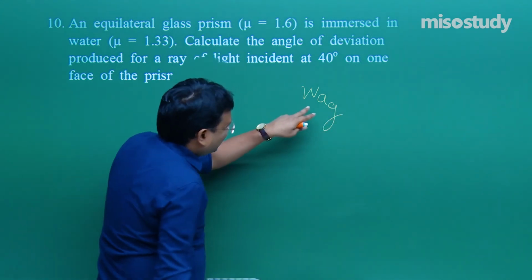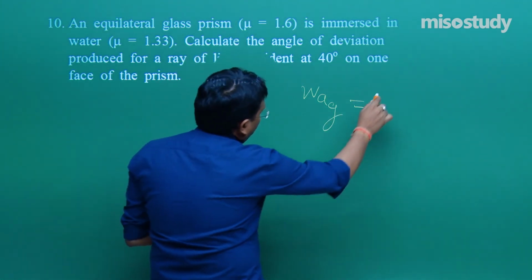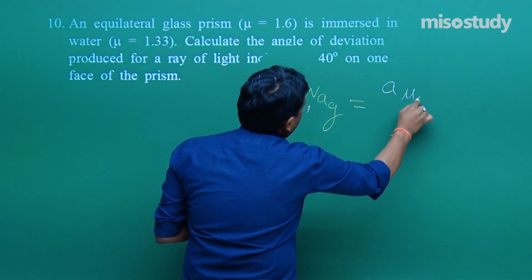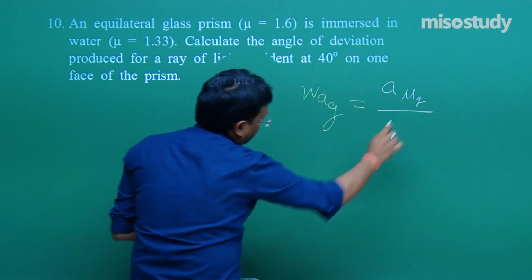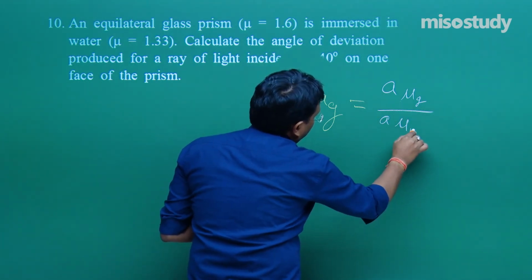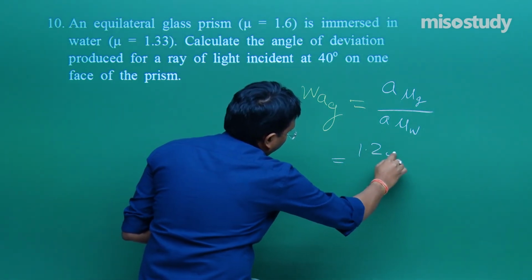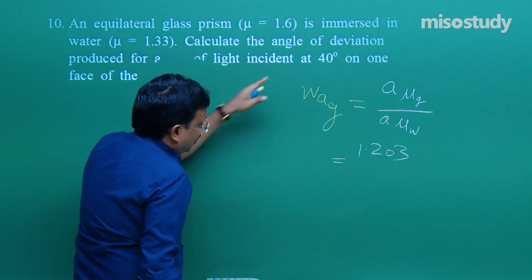The refractive index of glass with respect to water will give me aμg upon aμw. Fine. So put the values, you will get 1.203 on the basis of these numbers.